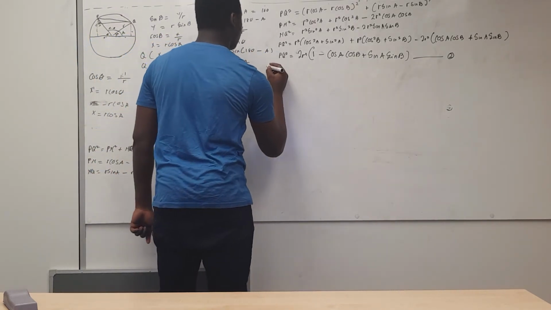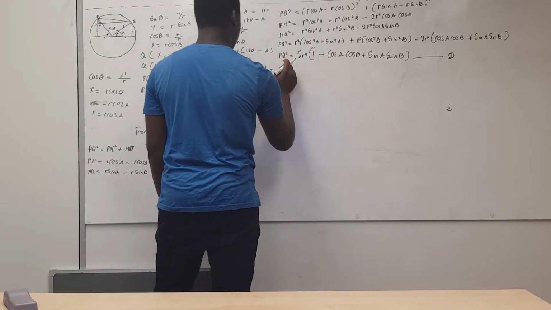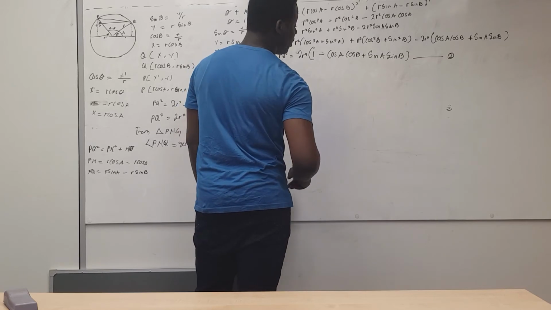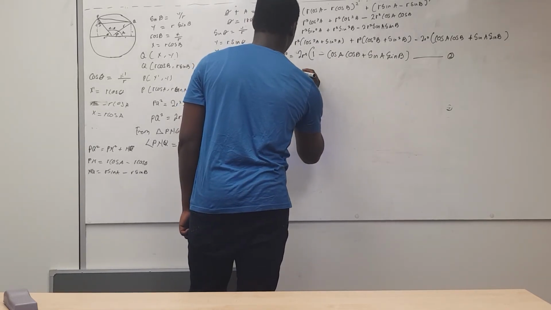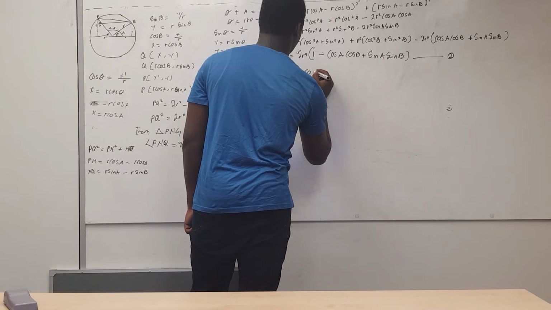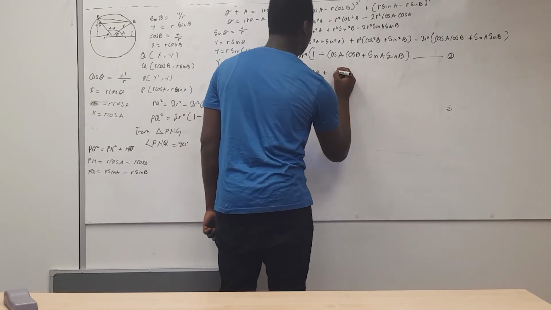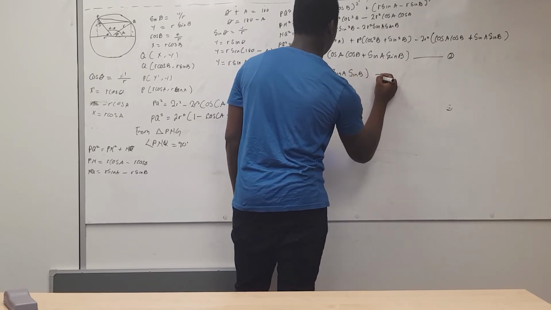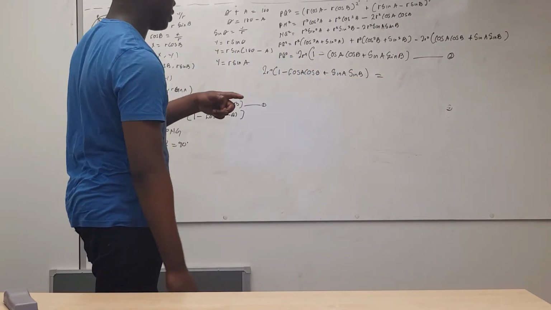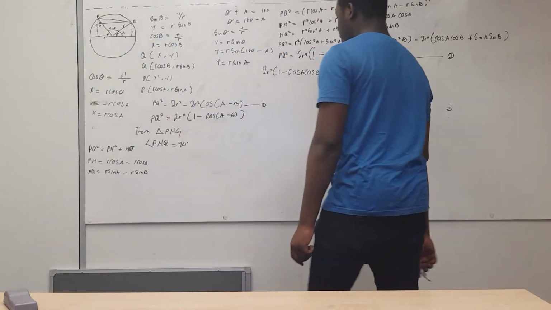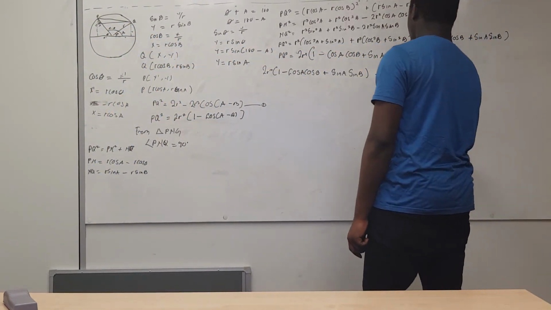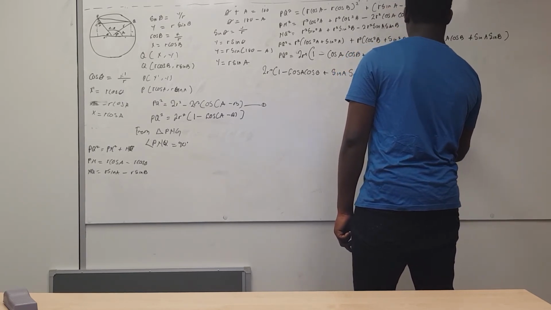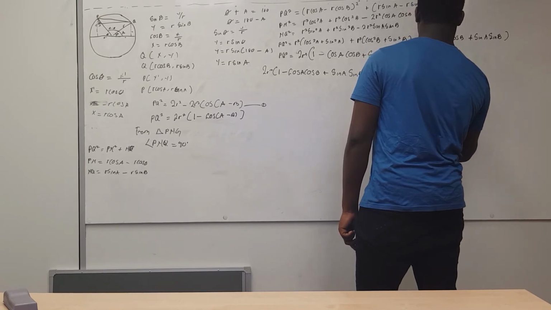So 2r squared, because this is equal to this, 1 minus cos A cos B plus sine A sine B, so equation 2 equal to equation 1 is equal to 2r squared times 1 minus cosine(A minus B).